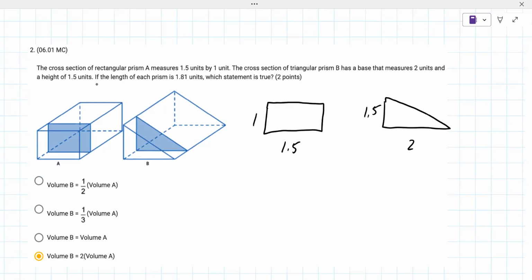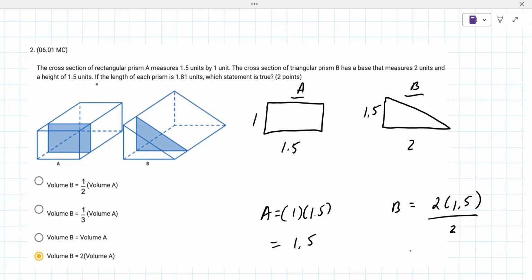So the area of A is 1 times 1.5, which is 1.5. The area of B is 2 times 1.5 divided by 2, which is 1.5. So these have the same cross-sectional areas. Do you agree with that now that you've seen it worked out?